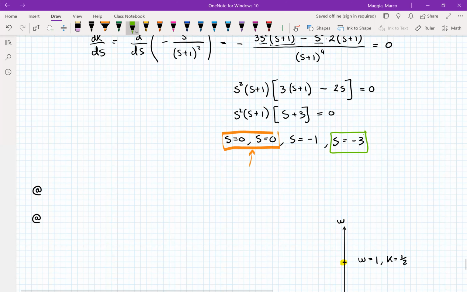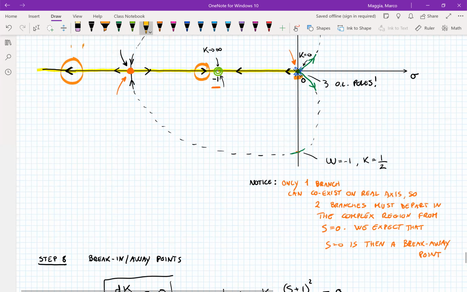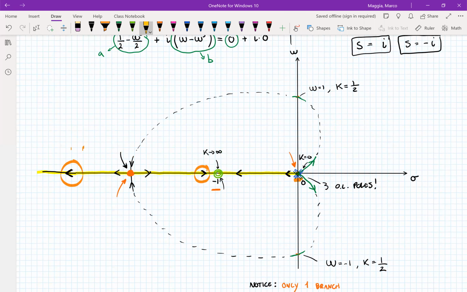You see here we have an extra solution, s equals minus 1. But minus 1 is simply the open loop zero. So technically, yes, it's a break-in point because you have the convergence of 2 branches, but it's not 2 complex branches coming in.